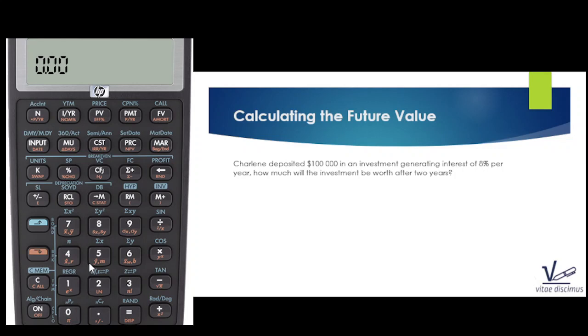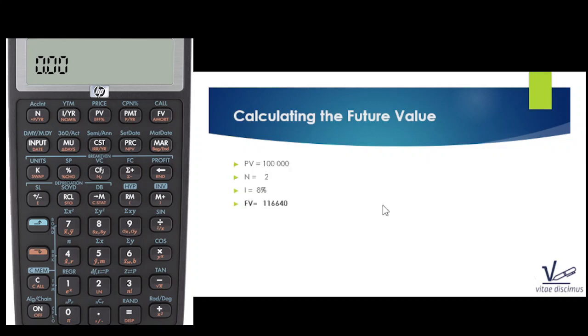Our 100,000 will be a present value because it's a once-off investment. Then the interest will be 8% compounded annually. Then our N will be 2.